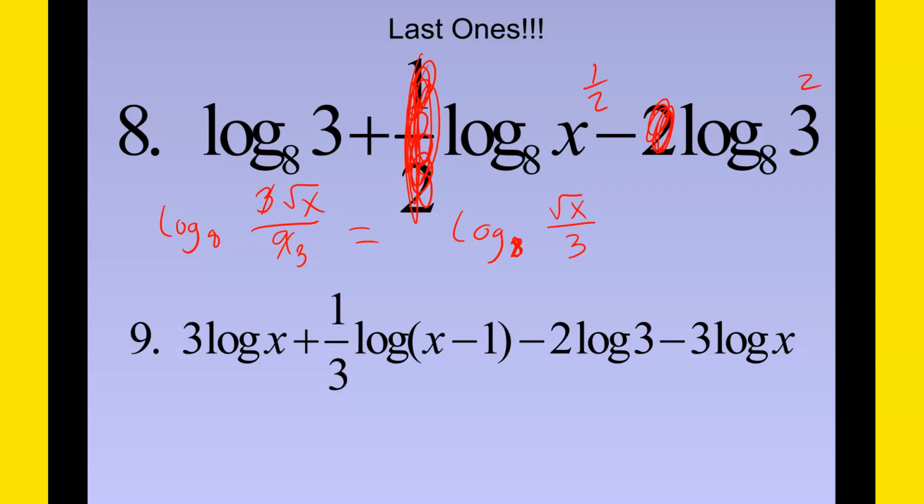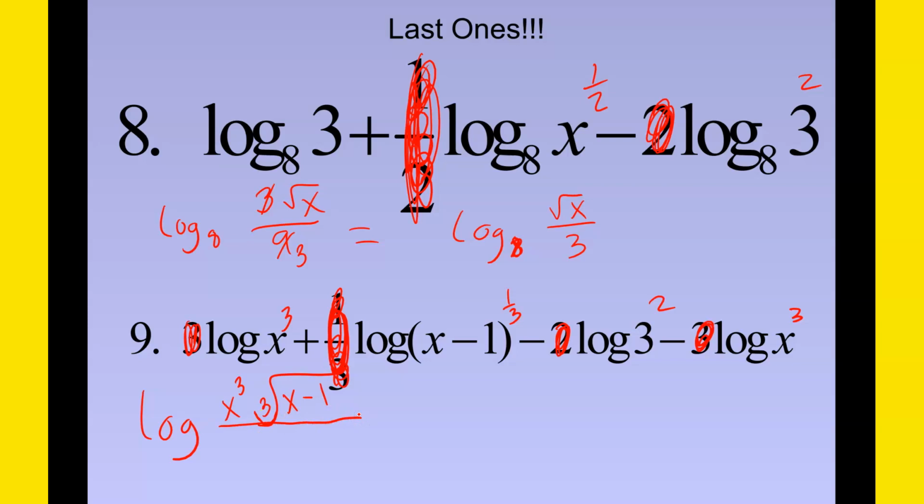All right. Number 9. Rewrite the 3. Rewrite the 1/3. Rewrite the 2. And rewrite the 3. So this becomes one single log. What all is in the numerator? We just got an x cubed and a cube root of x minus 1 in the numerator.